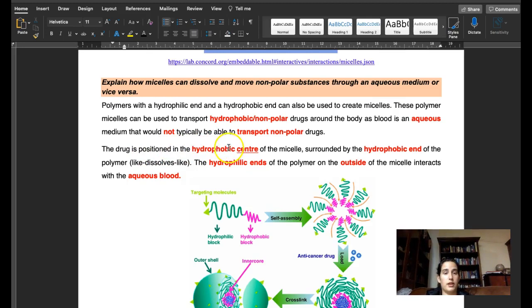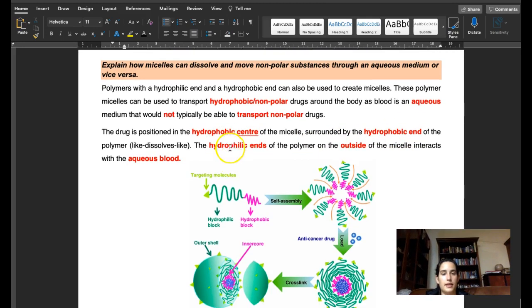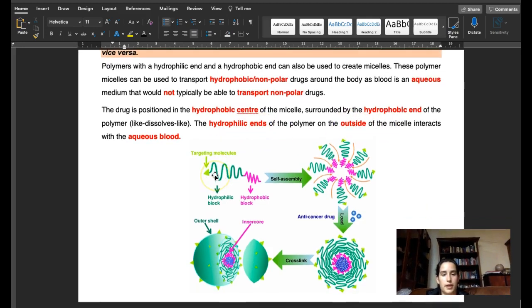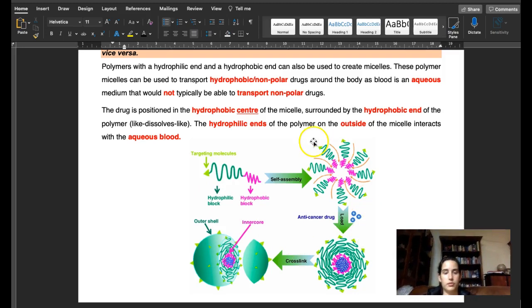If we position the drug in the center of the micelle, we surround it with the hydrophobic end of the polymer. And then the hydrophilic ends of the polymer on the outside of the micelle will interact with the aqueous blood and will be able to transport it around.